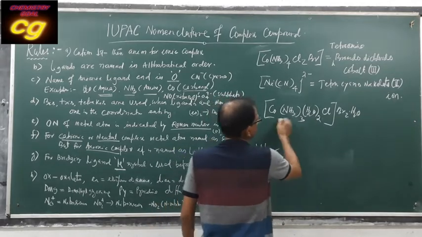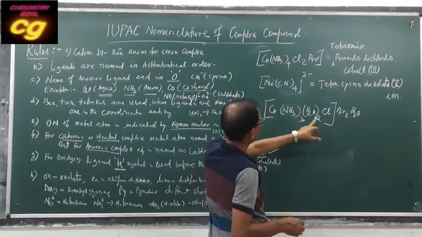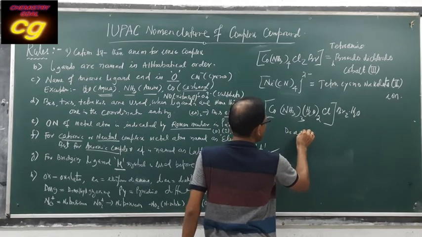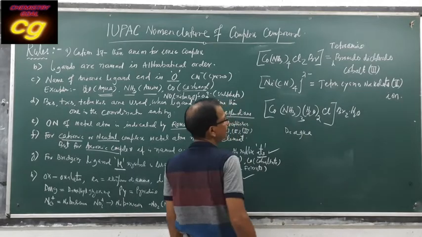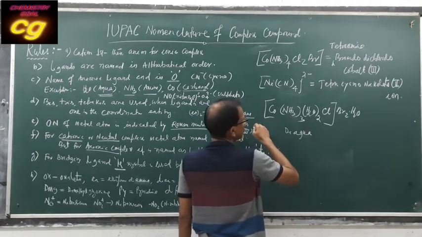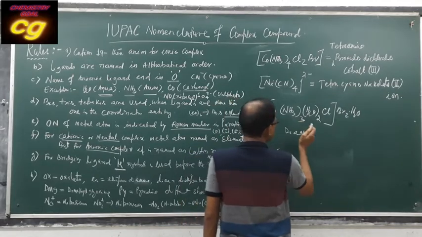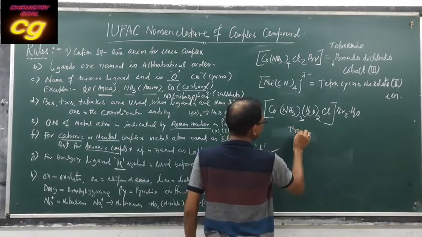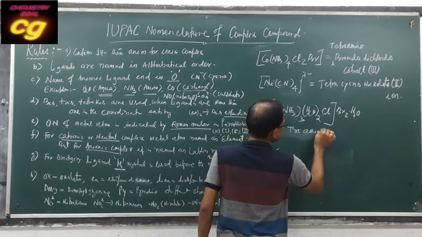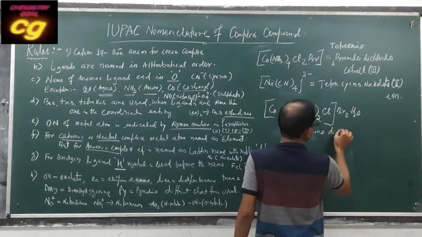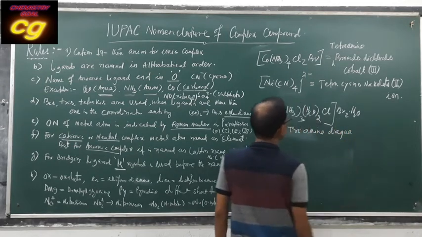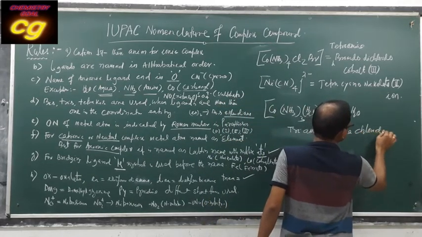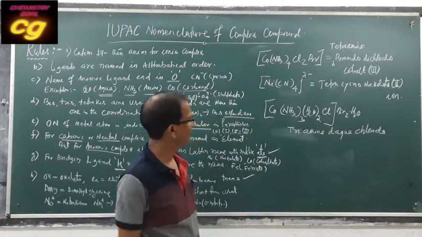So you start from this side. Alphabetical: aqua, so diaqua. First amine, N will come first, so triamine first, then diaqua, then chlorido, then cobalt.